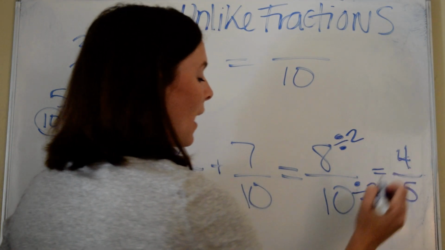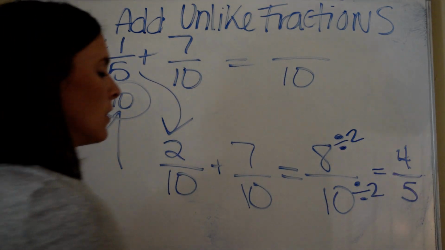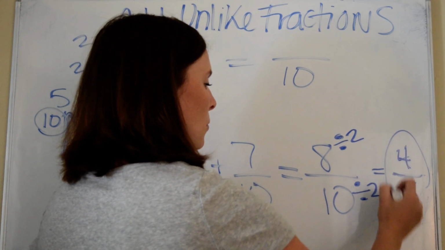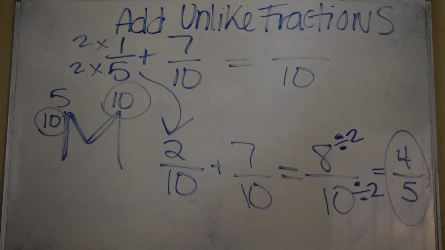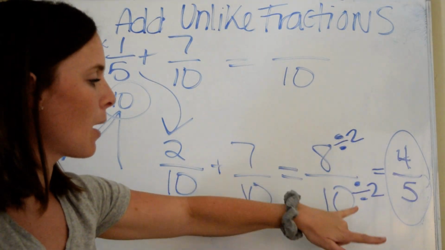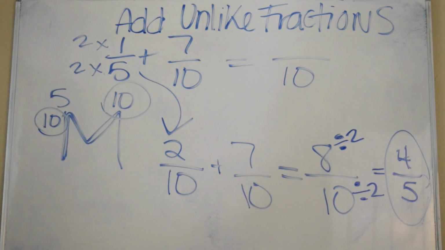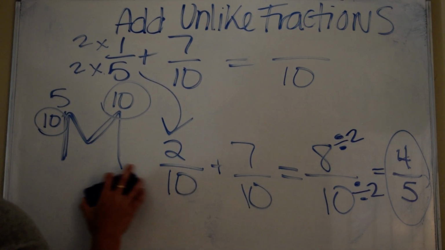Does 4 and 5 share any other factors other than 1? They don't, right? So I was able to go ahead and simplify it. The common factor that they shared was 2, and if you divided the top and bottom, it simplified it to 4/5.